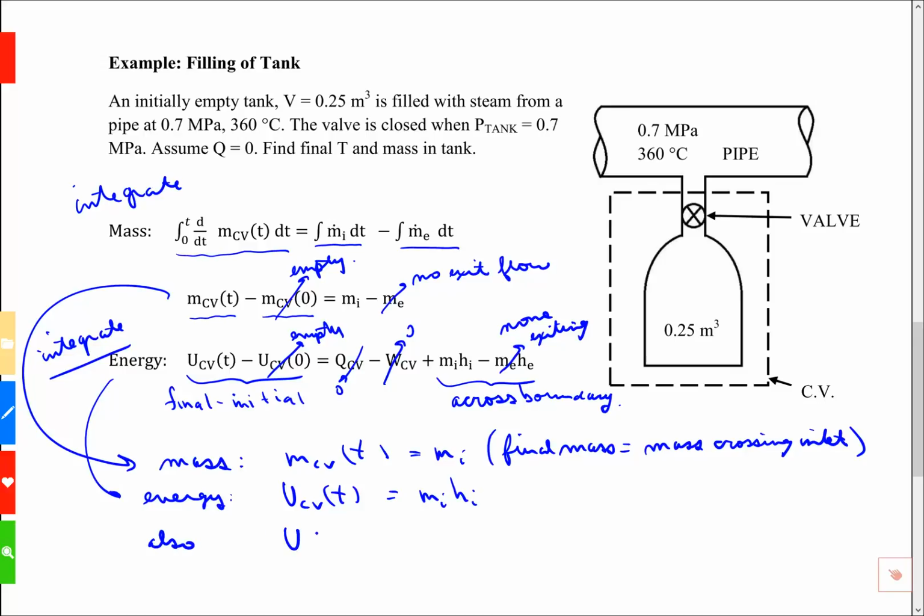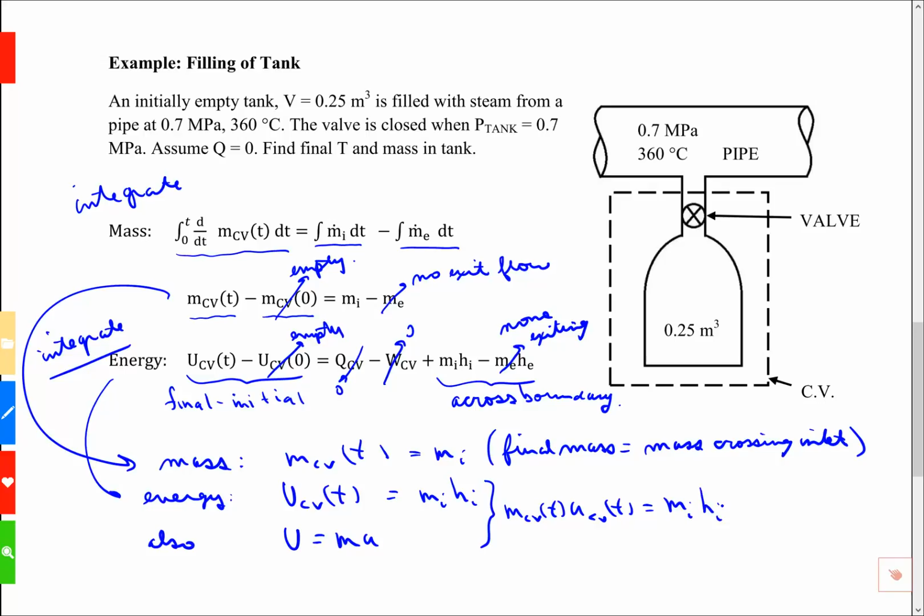I want to also use another relationship. I want to use that capital U for any state is the mass times the specific internal energy. I want to combine these to say that the mass in the control volume at time t multiplied by the specific internal energy in the control volume at time t is equal to the mass that crossed the flow boundary times the enthalpy of the inlet.